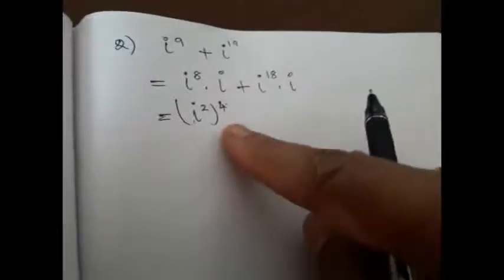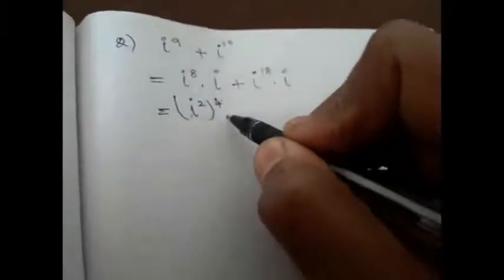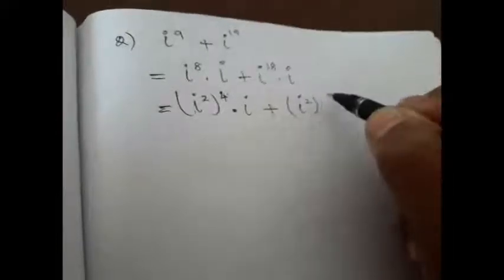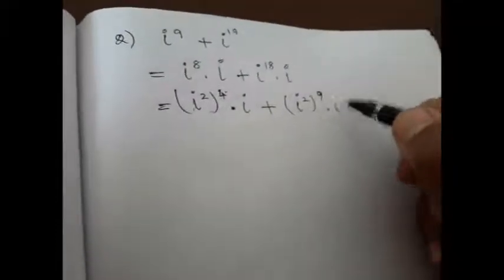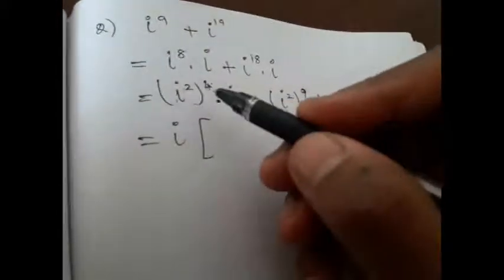This is the basic law of exponents: a power m the whole power n is a power mn, we will be multiplying. So 4 twos are 8, into i, plus similarly i power 18 can be written as i square the whole power 9, as 9 twos are 18. Hope you understood now why we have written it in terms of powers of 2, 8 and 18. Now take i as common. Why are we writing it in terms of i square? Because we know the value of i square.